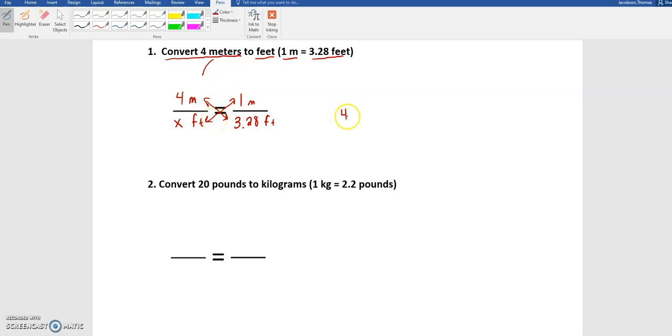So we can do 4 times 3.28, and that is going to equal 1 times x. This actually works out really easy because 1 times x is just x, and we can just do x equals 4 times 3.28. So x, our unknown amount of feet, is going to equal 13.12 feet. And we are done.